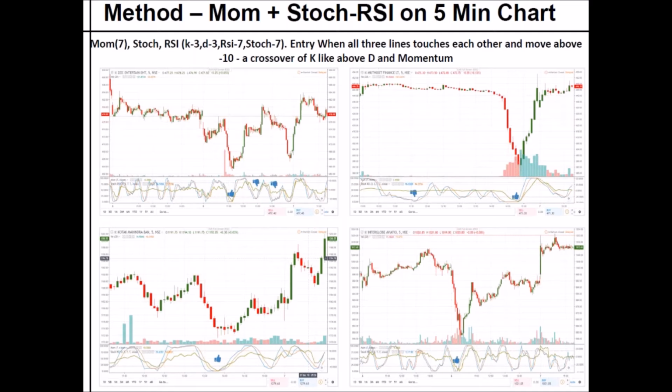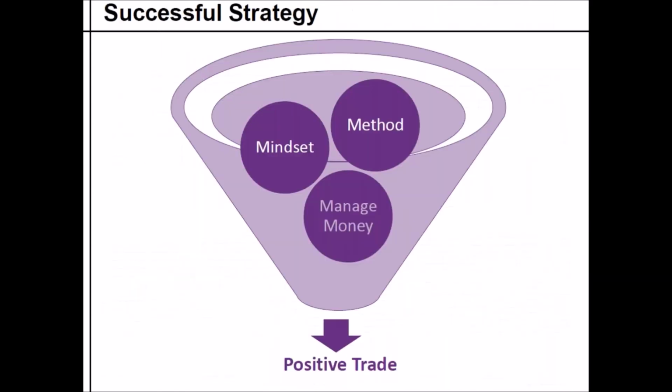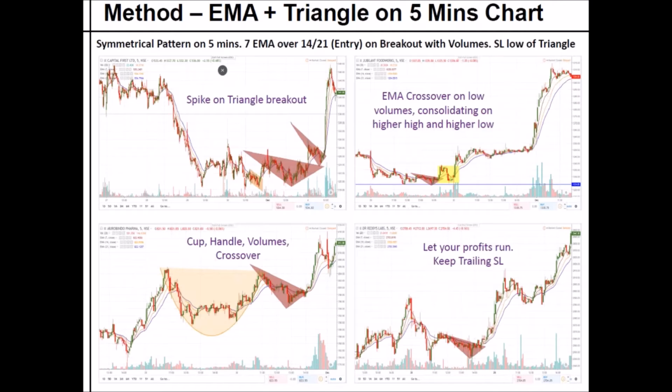So we have discussed three methods. I'll just repeat. The first is with EMA and the triangular or breakout on the 5 minute chart, exponential short over long, and we are buying the breakout setup with the volume. This works well, and try that on a strategy.